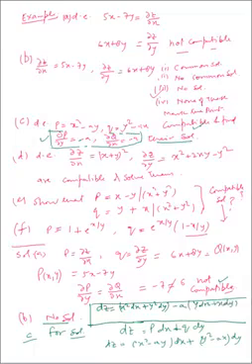This gives on integration, z is equal to x cube plus y cube upon 3, and minus this is d of xy, so this is xy, plus some constant, say c. So this is the answer.